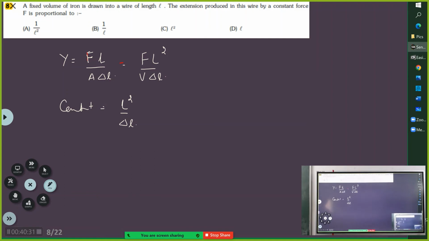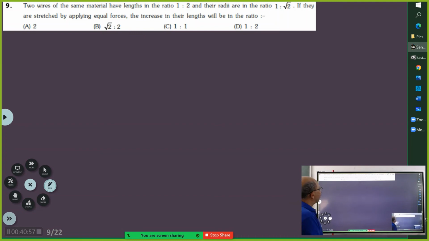So delta L equal to constant times L square. So it will be proportional to L square, isn't it? Yes. Everybody got this? Yes, sir. That's it. So delta L is proportional to L square. You have to just see, if you know the basics, you can just calculate and do it. Right.